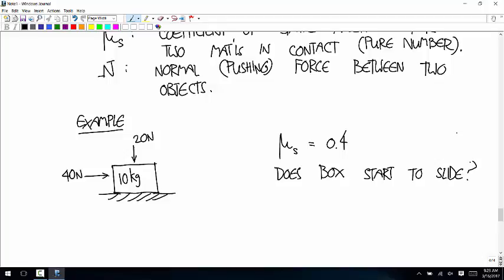The way we're going to do it is calculate the force required for this not to slide, and then see if that's possible using this equation.